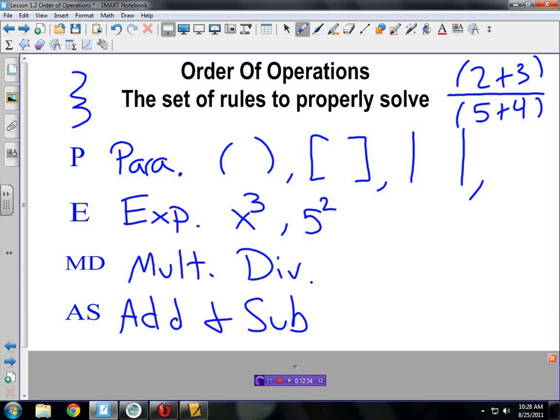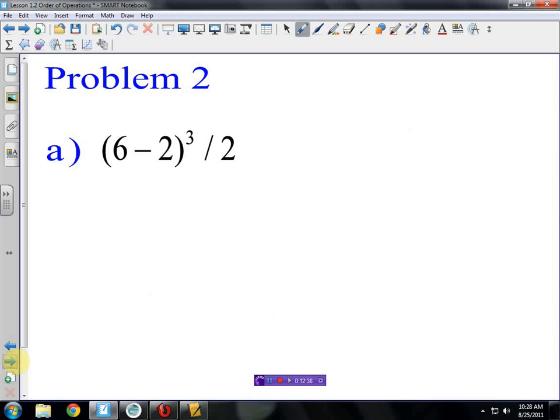So let's practice a couple with PEMDAS. Here we go. This one has a different fraction sign, but I'm going to write it as 6 minus 2 cubed over 2. I like it like that better.